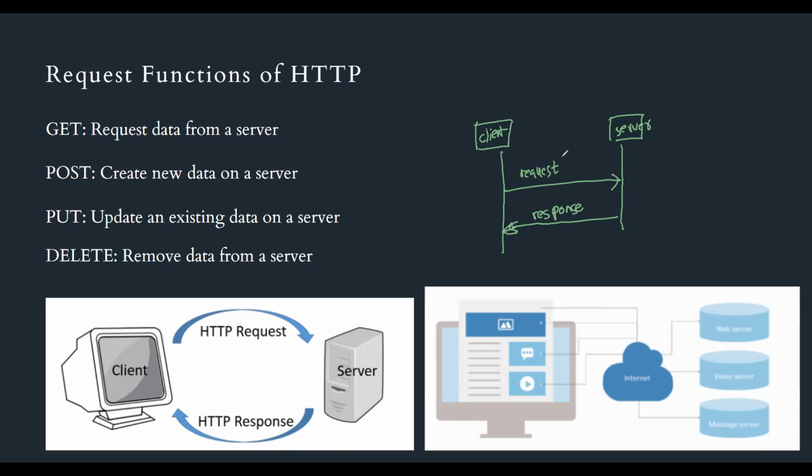Now we are talking about the different request methods that we can use. The request method can be of 4 types: get, post, put, or delete. The get method is used to obtain some information from the web server.